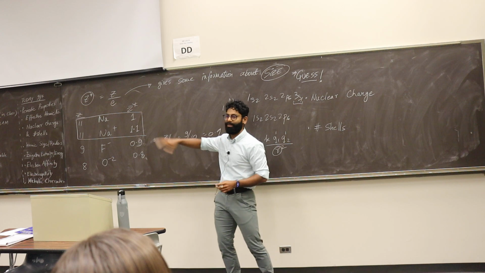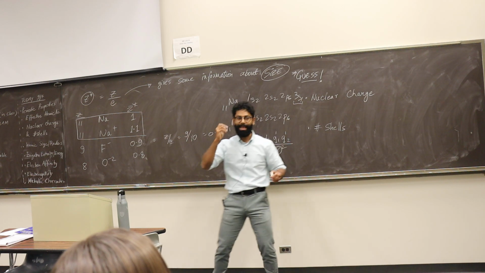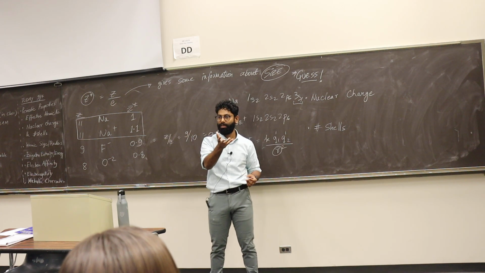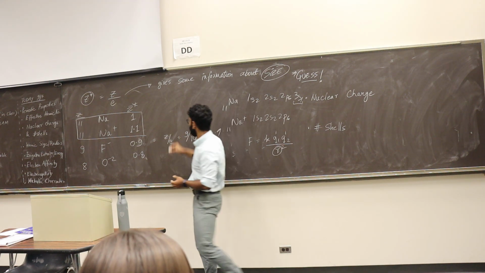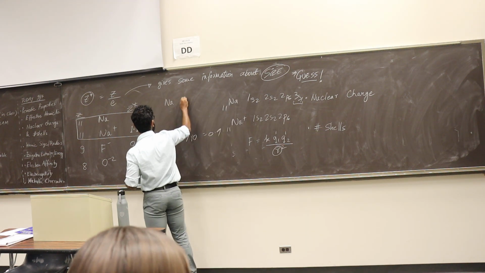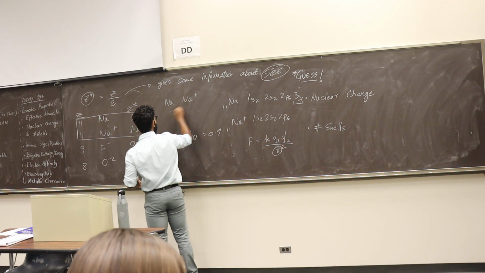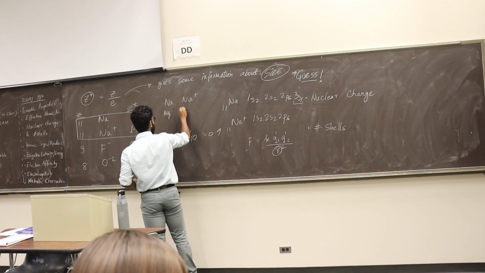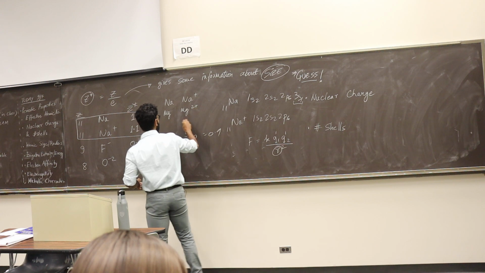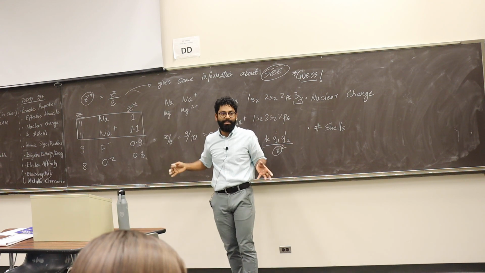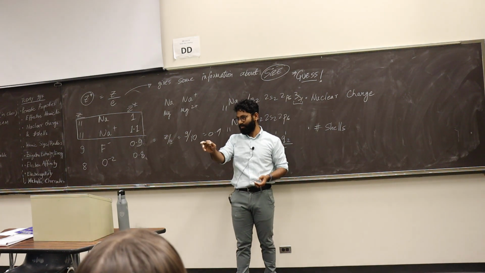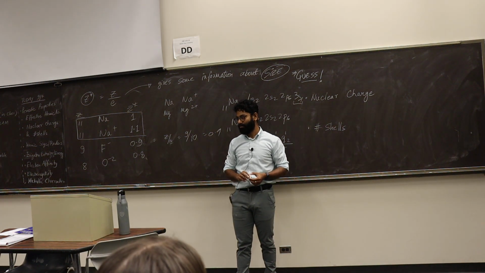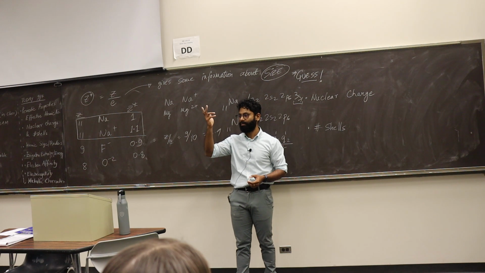So when you have K plus and K, or Mg2 plus and Mg, what's the size relationship? So you have Na and Na plus, you have Mg and Mg2 plus. Which of them is bigger in size? The original. The original is bigger, isn't it?